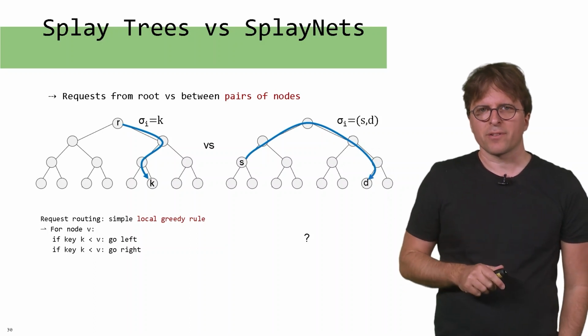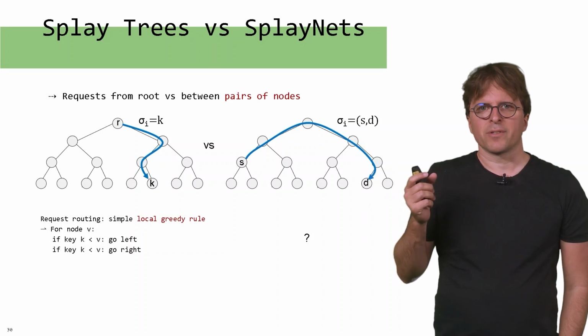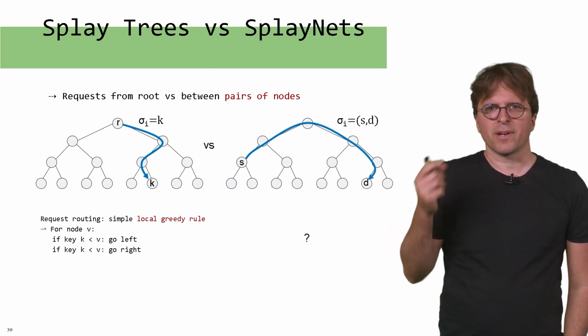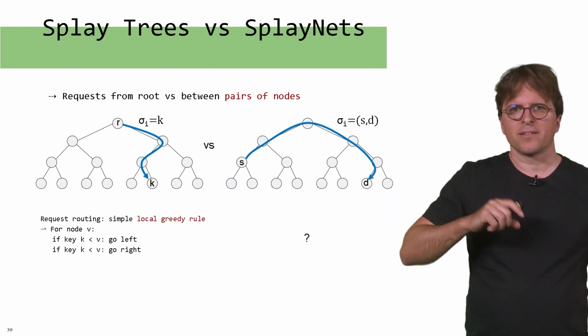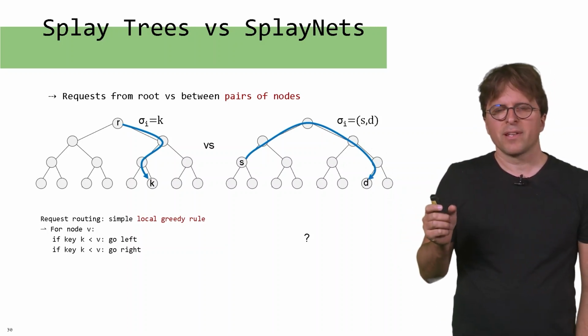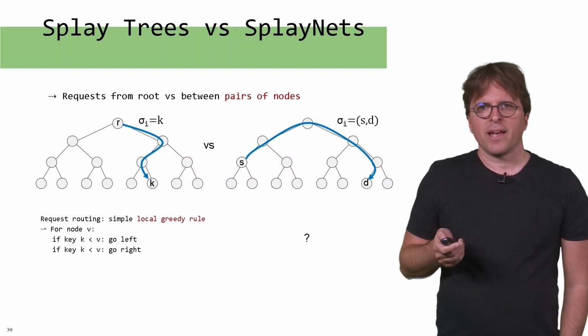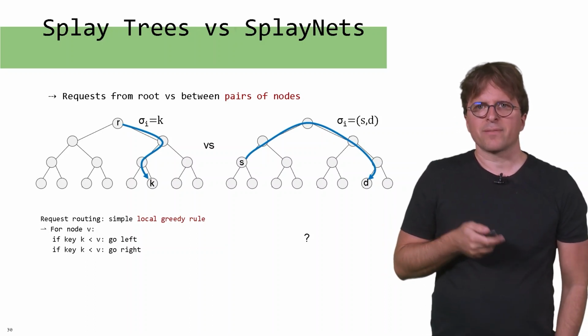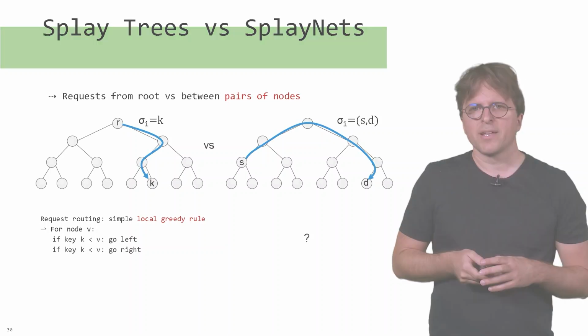If you are at a node v and want to find the key, you just check: is the key smaller than v, then you go to the left, or is the key larger than v, then you go to the right. And it would be really nice if you could also have such a greedy routing property in a network.